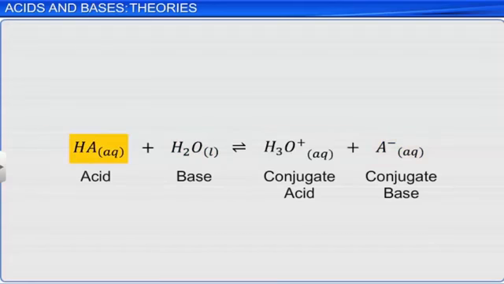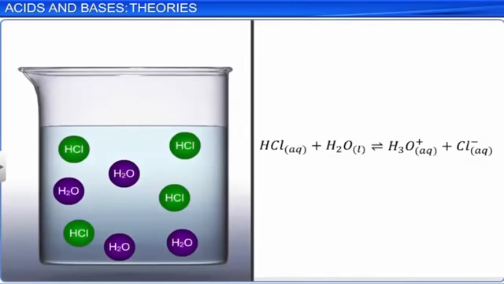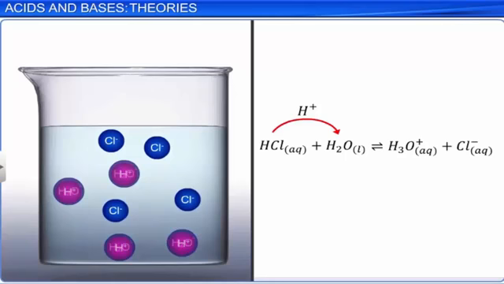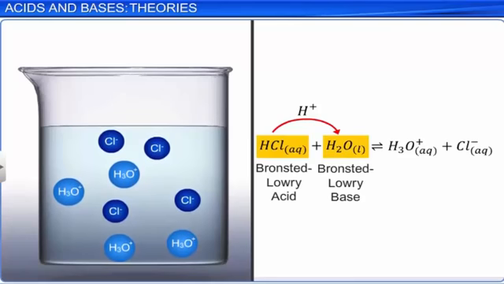Now, in the ionization of HCl in water, HCl acts as a proton donor and water acts as a proton acceptor. Hence, HCl and water are called Bronsted-Lowry acid and base, respectively.